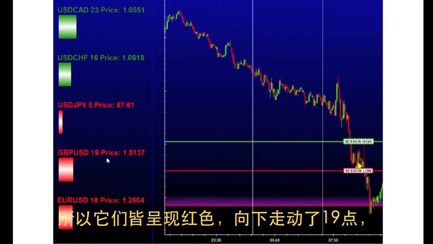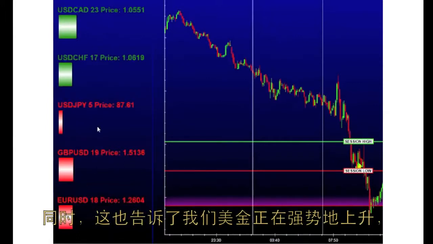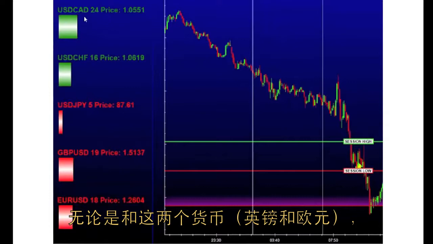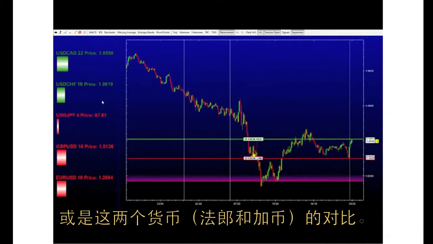They've actually moved down 19 pips from the start of the Japanese session, therefore giving us a very good correlation, telling us that the US dollar is gaining strength versus these two and gaining strength versus these two, which is the Swiss franc and the Canadian. Once again, these tools were created to help simplify the price movement and the direction of the trend.